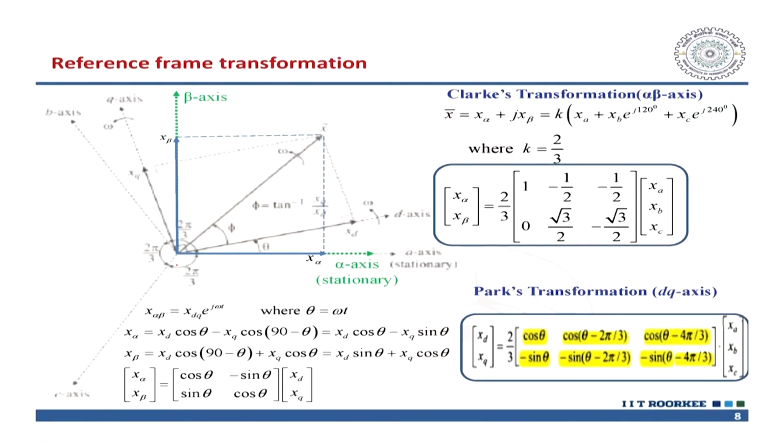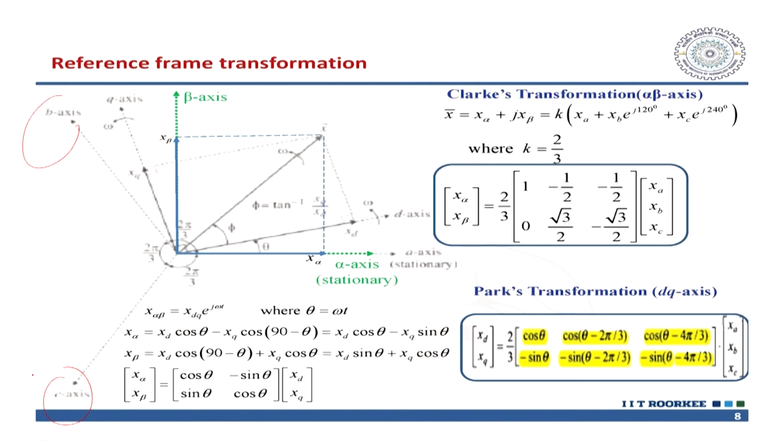So, this is the transformation. Once you have the ABC coordinates, this is the pictorial phasor representation. This is the A axis, stationary, and we aligned A with the alpha, and thus you get a B axis and a C axis, rotating with the speed of omega.